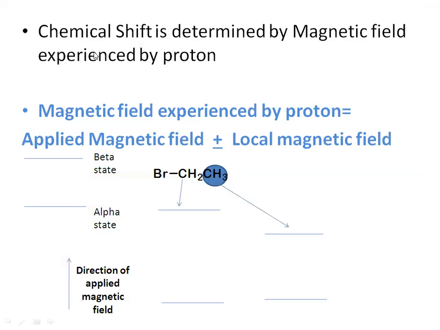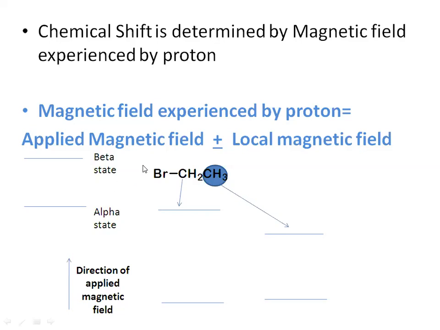Now we have seen that the chemical shift is determined by the magnetic field experienced by the proton. So in NMR, we are applying the external magnetic field so that we can have a separation of alpha and beta spin states. So if you are applying the same magnetic field to different sets of protons, naturally the distance between alpha and beta spin state has to be equal, and they should absorb the same radio frequency.